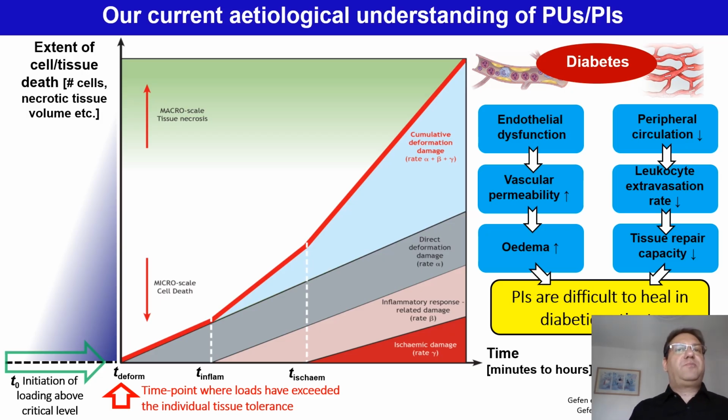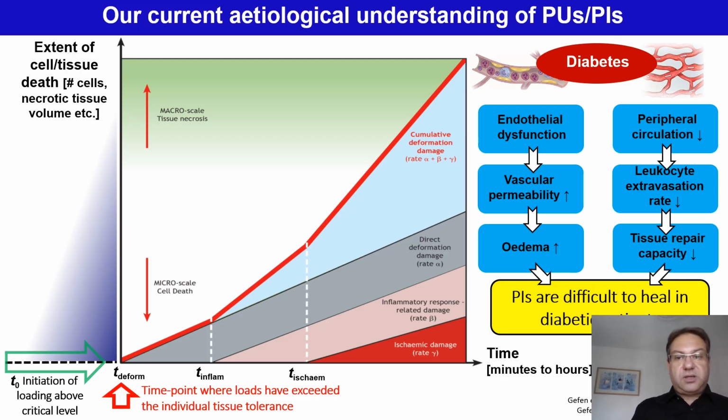For example, if you have a specific anatomy that causes increased tissue deformations, or if you have an impaired inflammatory response, such as in diabetes, which causes higher vascular permeability, leading to a greater spread of the edema, then obviously that component in the damage cascade would be escalated, and the overall result would be more intense damage.